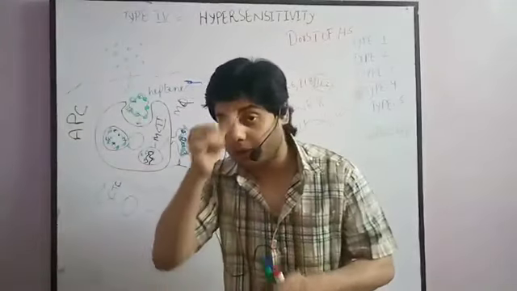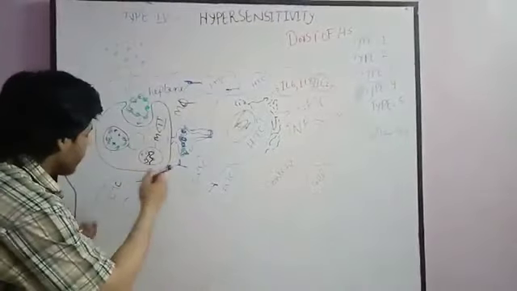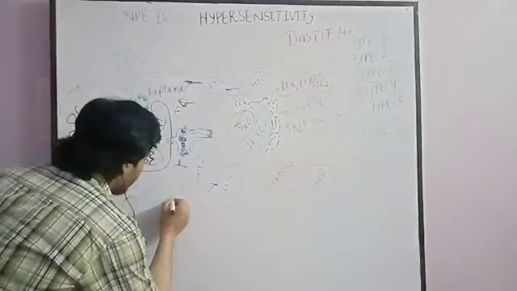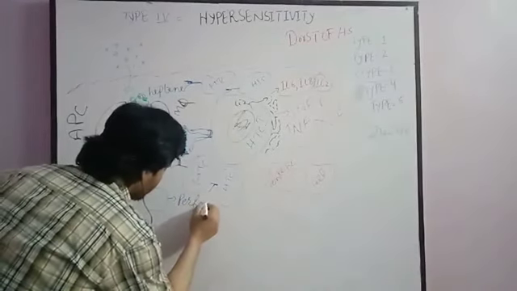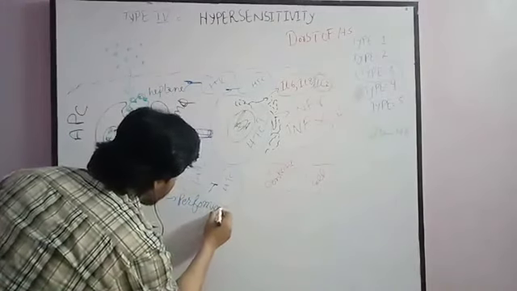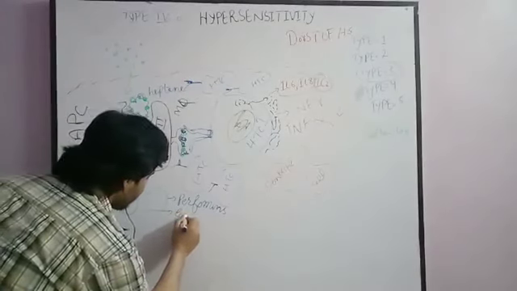Sometimes this process happens. Sometimes the cytotoxic cells will release two kinds of enzyme, which we call perforins, or another enzyme which we call granzymes.